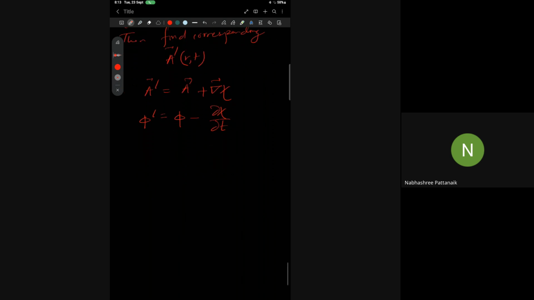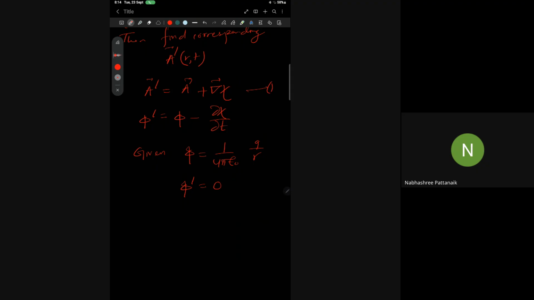Okay. Now given phi is equal to 1/4 pi epsilon naught q by r and phi prime is equal to 0, right?